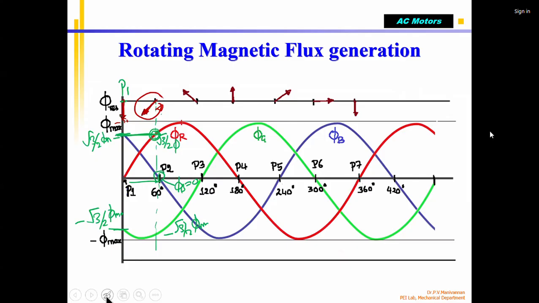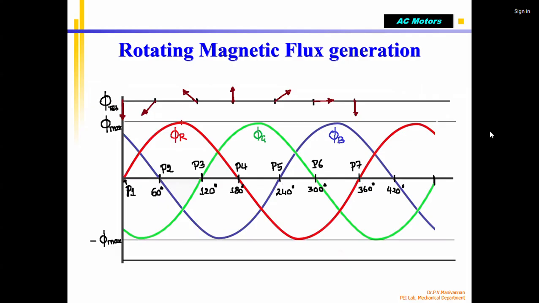Now, if I talk about the next one, at this instant P3, phi G becomes 0, but phi R is still root 3 by 2 into phi max. Blue is still in this one. This is going to be minus root 3 by 2 into phi max.